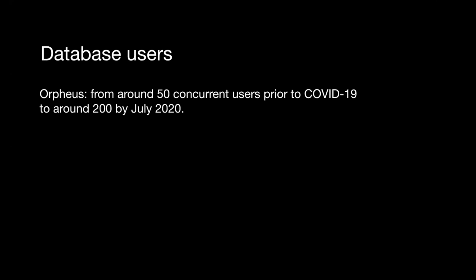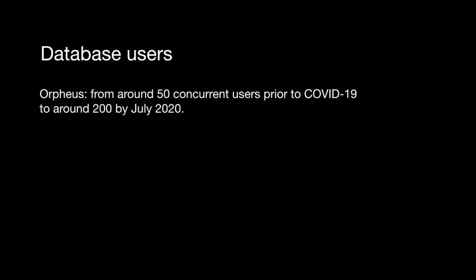At first we put the COVID data into Orpheus, but we quickly found some issues. Basically, everything got really slow, partly because we jumped from about 50 concurrent users, using concurrent in the English sense, not the FileMaker licensing sense, just 50 people at once using the system all day long.